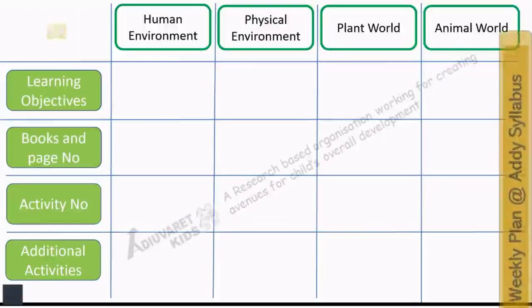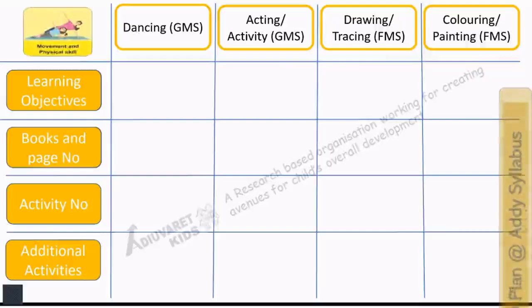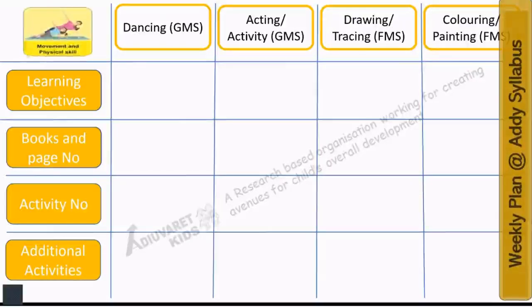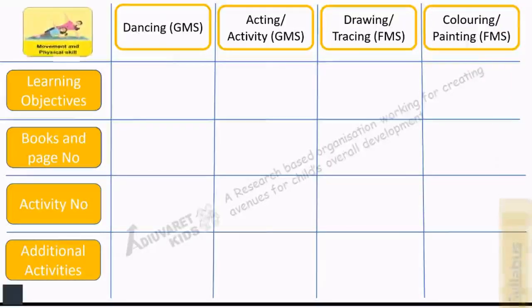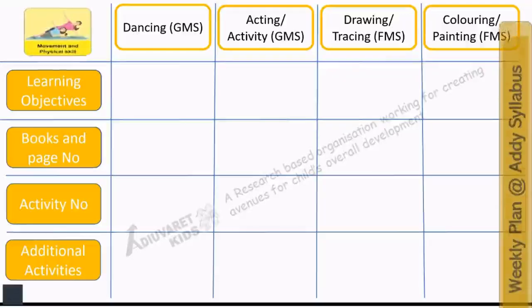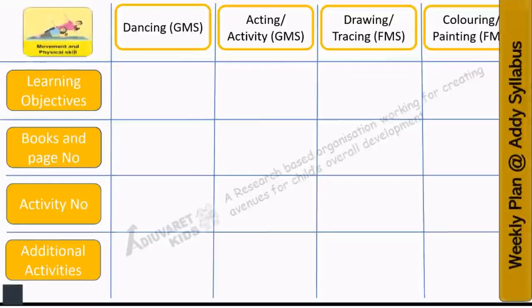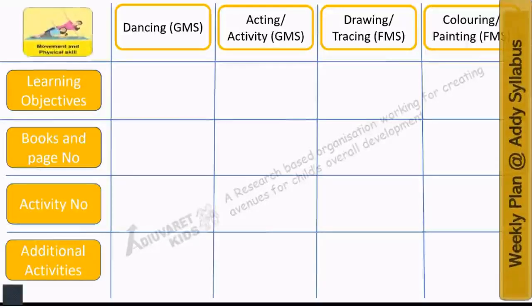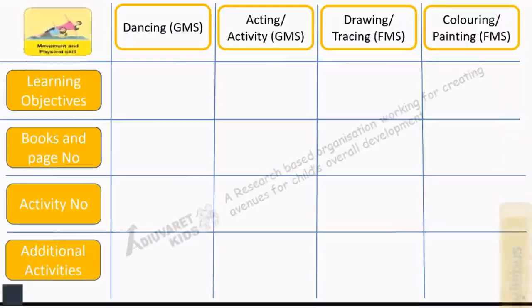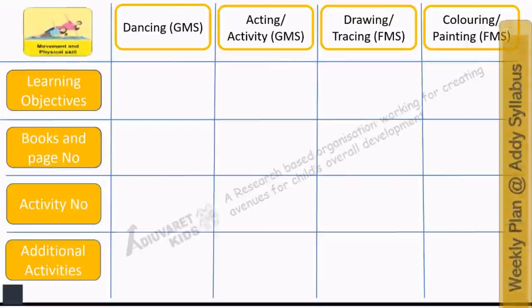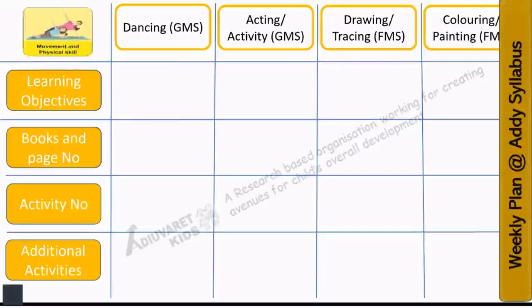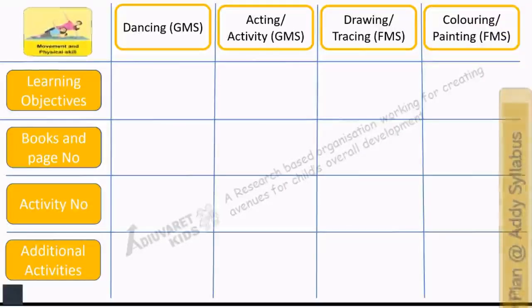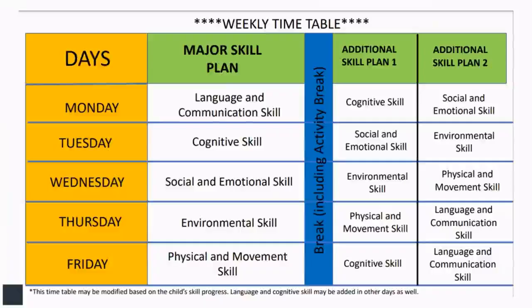Same with environmental skill and same with motor skills. So once these weekly plans are given skill-wise, then teachers will have a good amount of freedom and a good understanding of how to spend that whole week among children for the purpose of skill development.